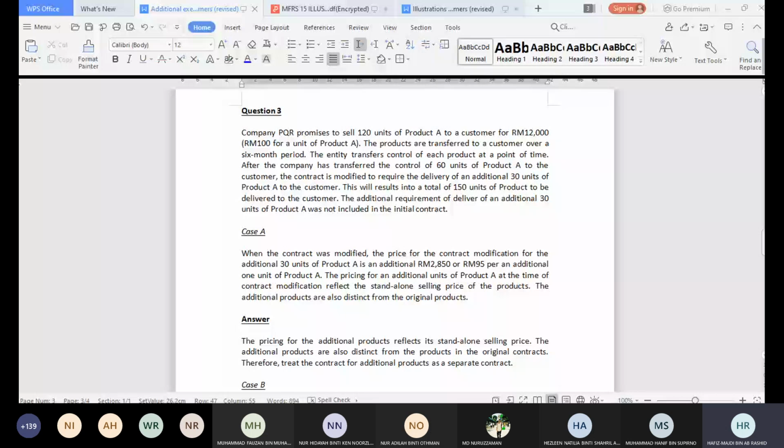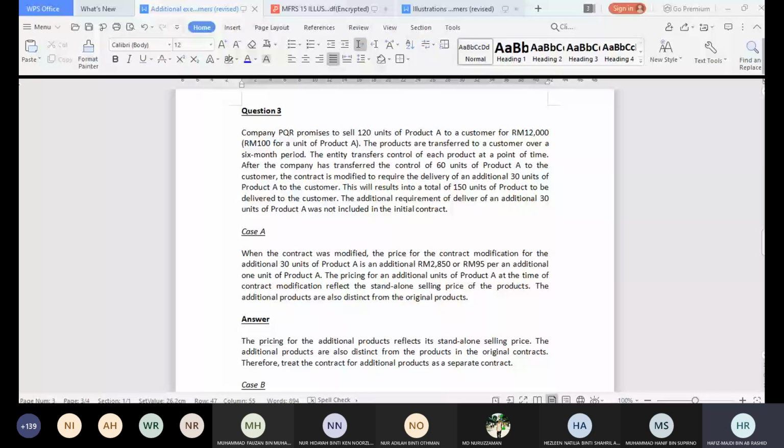Based on negotiation, they might come up with a different price, and this price has nothing to do with the original price of 100 ringgit, since the price reflects a stand-alone price for the additional 30 units.